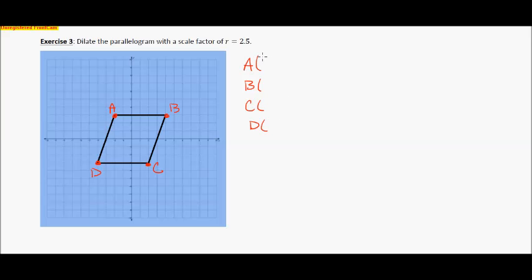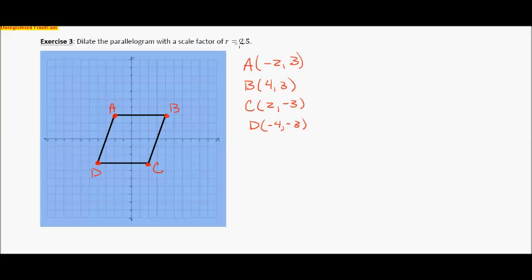And let's see, A is at -2, comma 3. And looks like B is at 4, comma 3. And C looks like that's at 2, comma -3. And D is at -4, comma -3.